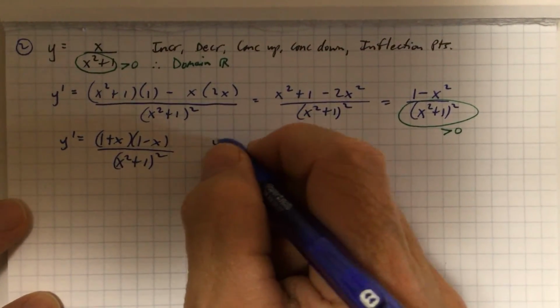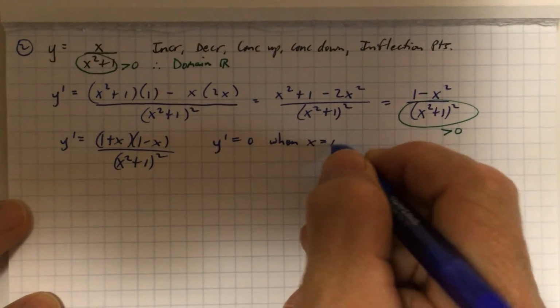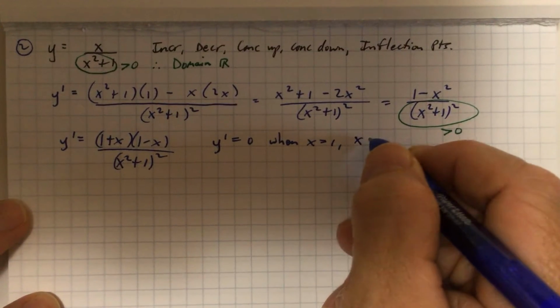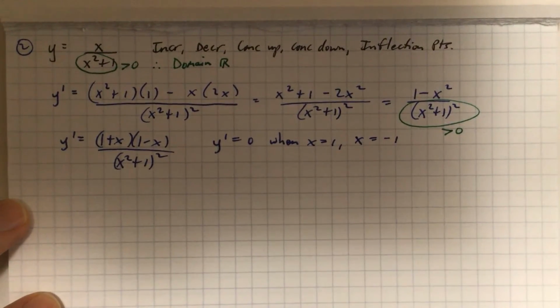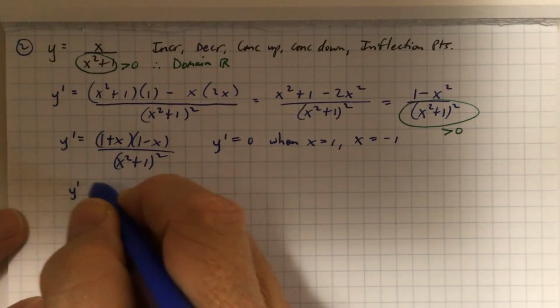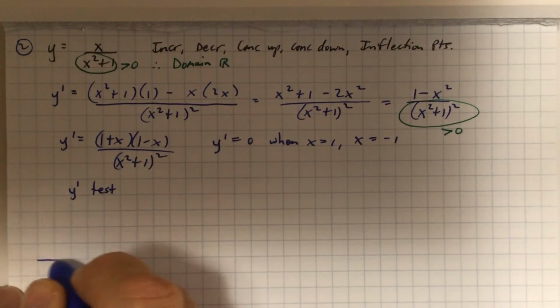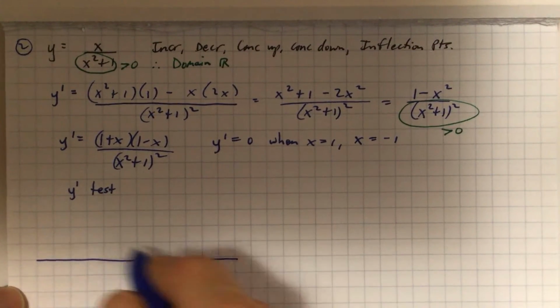And so y prime equals 0 only when x is equal to 1 or x is equal to negative 1. And so we're going to set up our y prime test. The y prime test will determine where the function is increasing and decreasing.